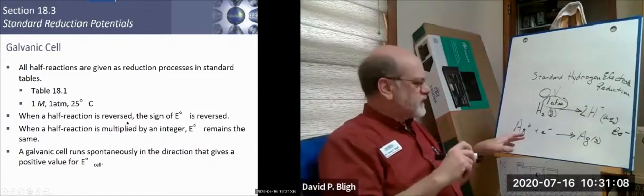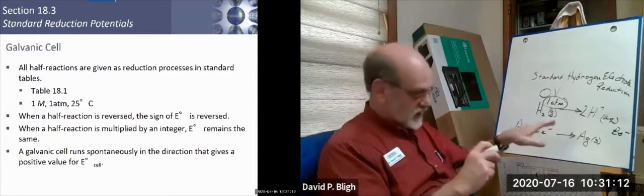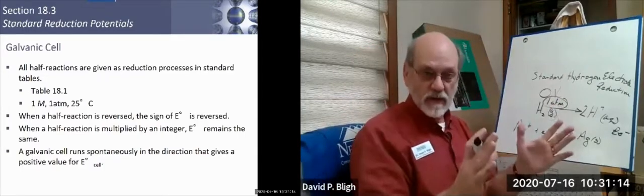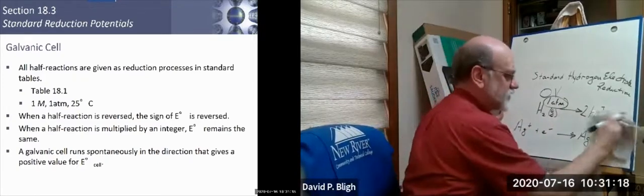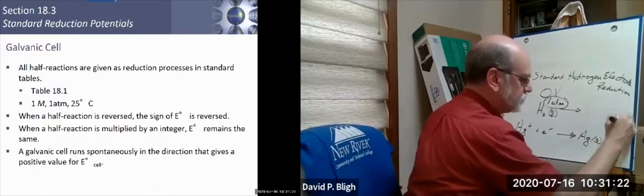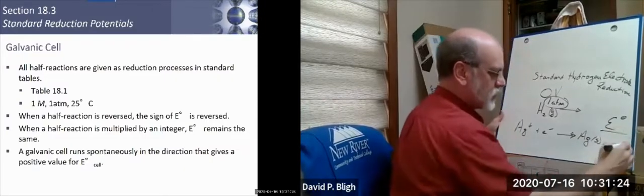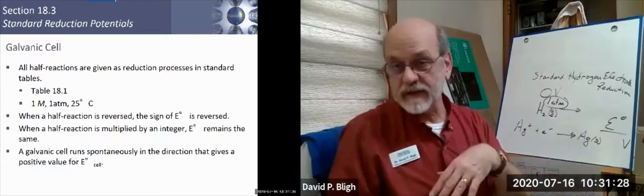Each one of these half reactions in the table is assigned a voltage based on standard conditions, right? So you would have so many volts here. It could be positive, could be negative.